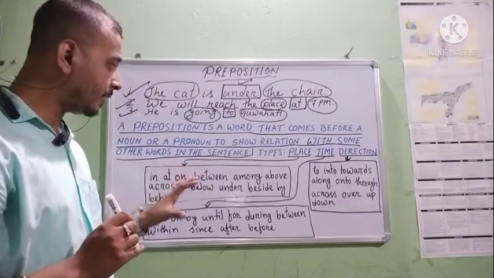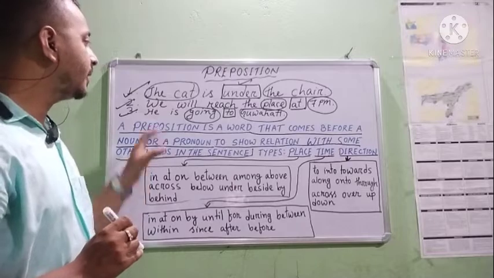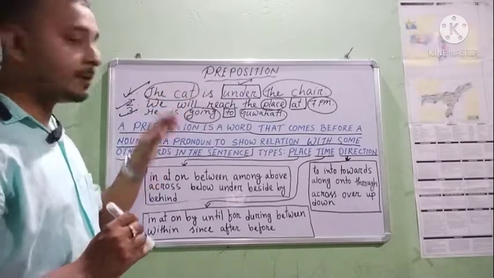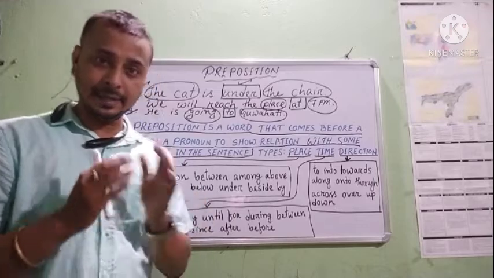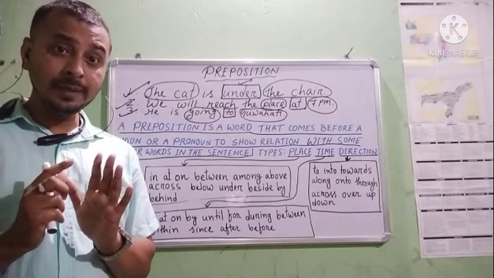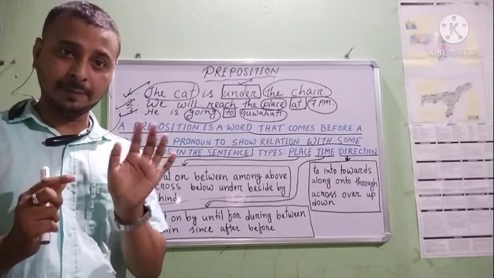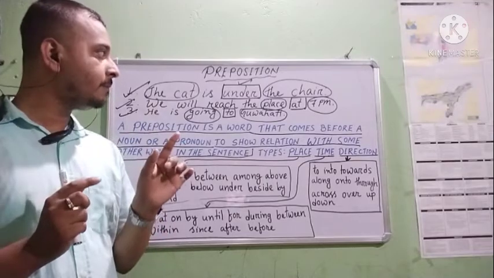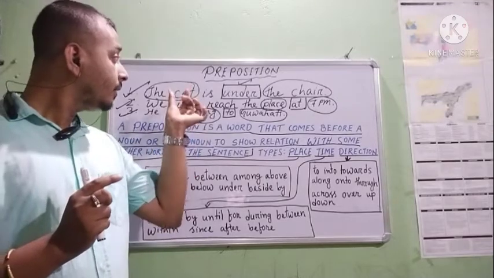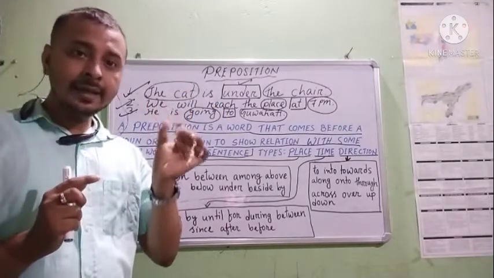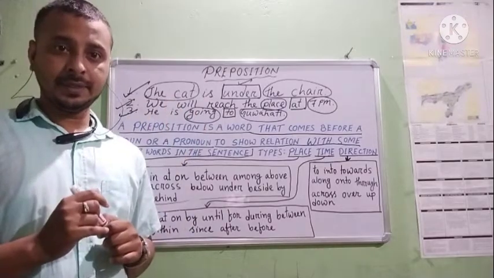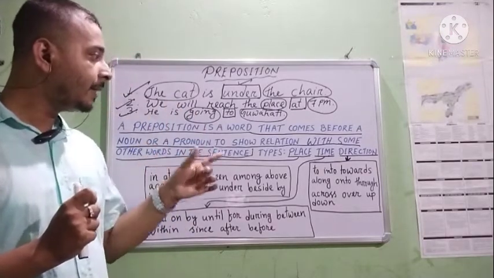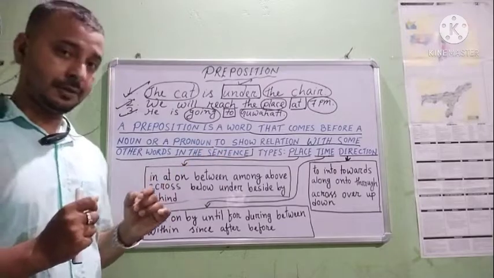These are the basic kinds of prepositions, and this is the definition of preposition. And I am clarifying that a preposition always comes before a noun or a pronoun, and it shows the relationship between other words in the sentences. Is it clear? So that's just the kinds of place, time, and direction.